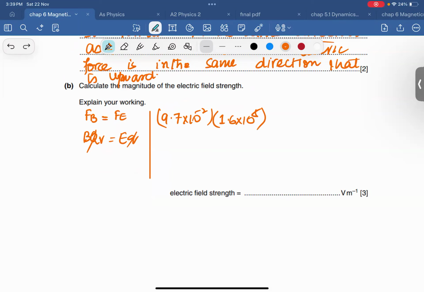And that is equal to E. How much? 15520. Fine, so that is the electric field strength. Please move on.